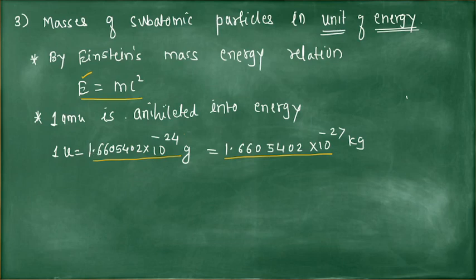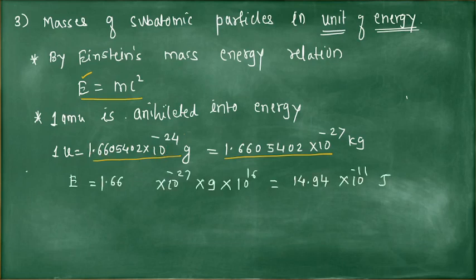So take this as 1.66 × 10^-27 multiplied by c square, c that is 3 × 10^8 meter per second, squared. Here the minus 27 is written because this is expressed in SI unit and this is also in SI unit. So multiplication is like this. So energy in SI unit is joule.